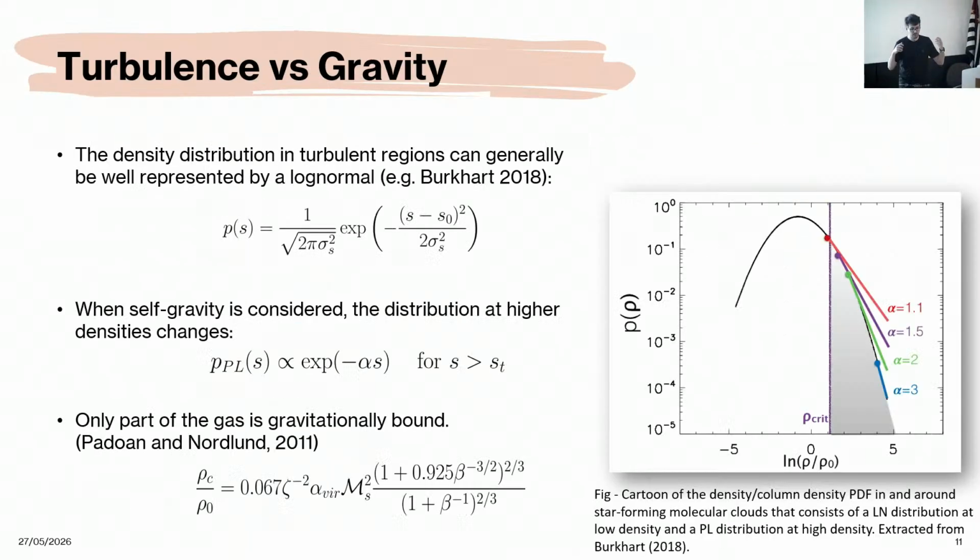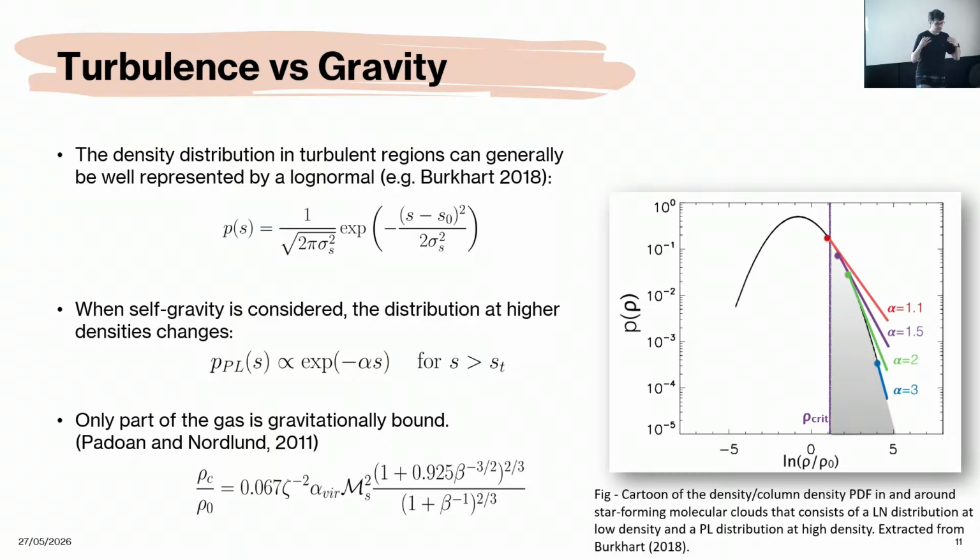So how do we relate turbulence to these collapsing structures that are forming in the ISM? One way to do that is looking directly at the density distribution. There's this characteristic curve that shows up when we have just turbulence, which is a log-normal distribution for the density.